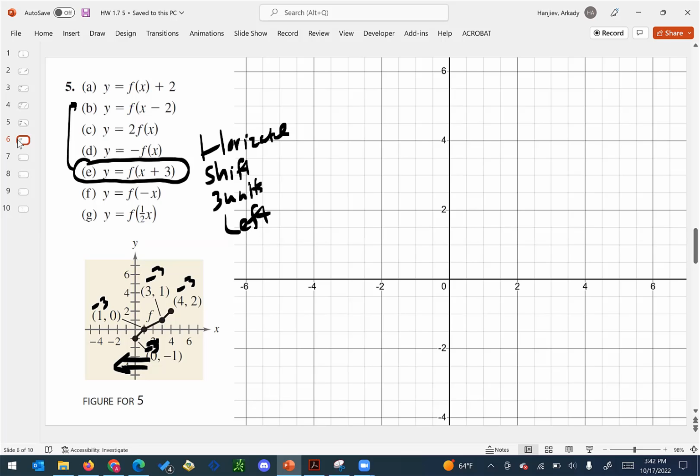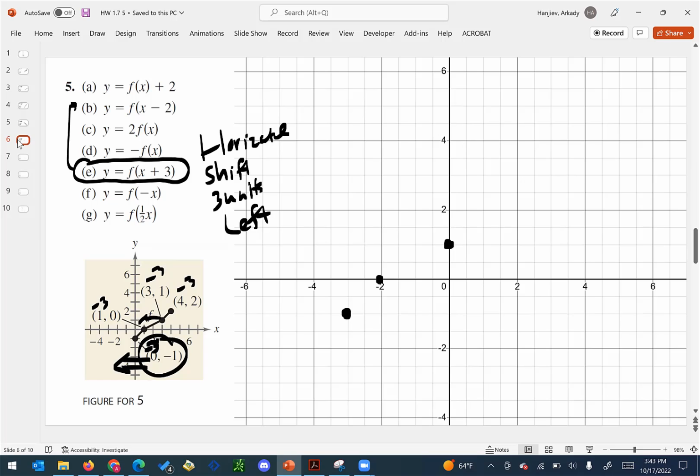Let's see where we're going to end up. So that bottom value there, 0, -3, now shifts over to -3, -1. 1, 0 now shifts over to -2, 0. 3, 1 shifted over 3 units now becomes 0, 1.